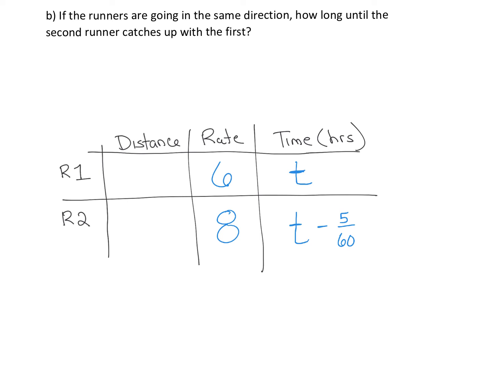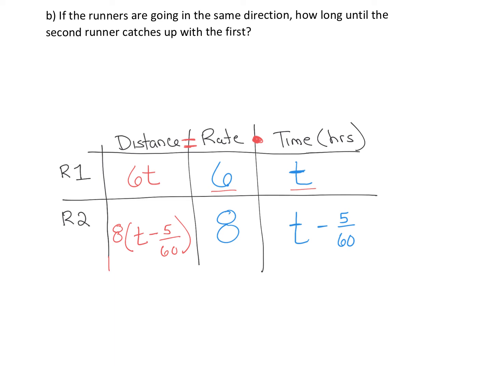Now, we know distance is equal to rate times time. I'm not given any information about distance, so I have to use my table to fill it out. I'm going to multiply rate times time and get 6t. And rate times time here is going to give me t minus 5/60ths.